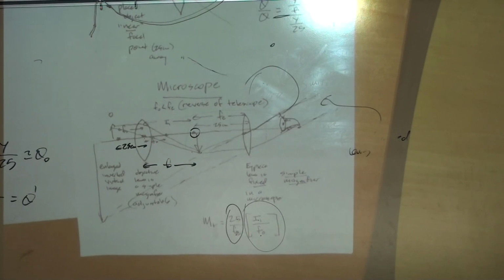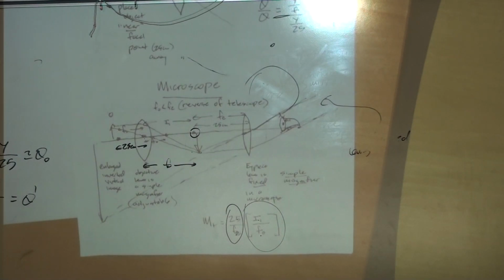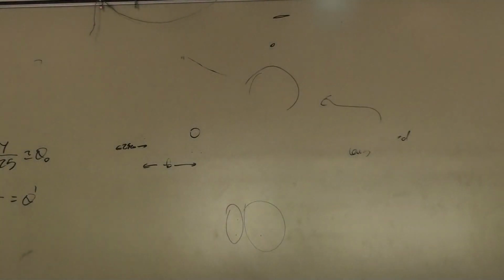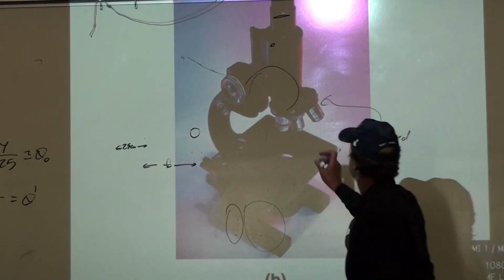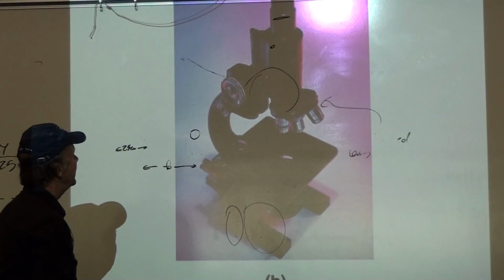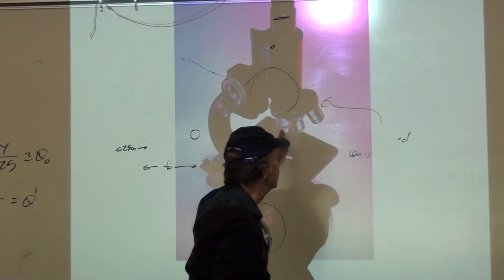And so then anytime you want to, you could go back and say, I want a little different magnification. And so then you just flip lenses. So you flip to this one, or you flip to that one. Okay? And so that will change the focal length of the objective lens.